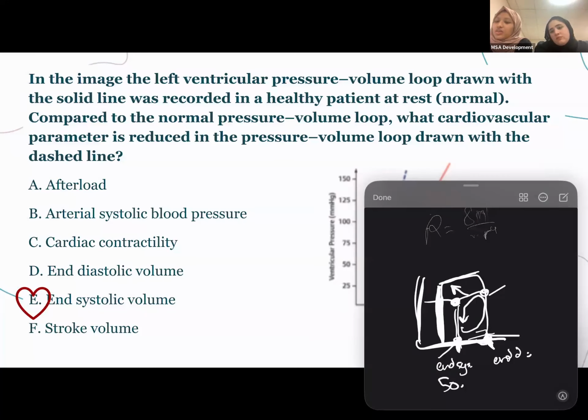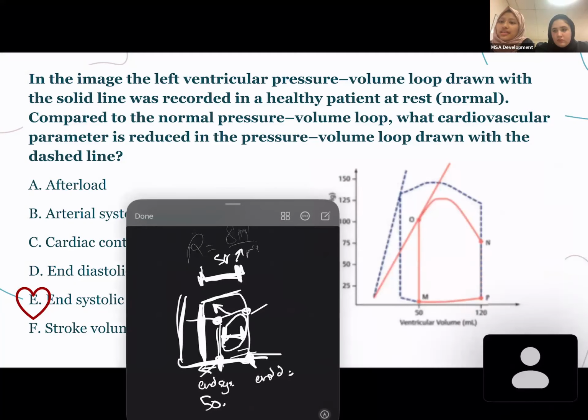The rest of the parameters are fine, but the only thing that's reduced here is the end systolic volume. Stroke volume is the area of the curve, so it increased. You can see this was the one before, and this is the one after.